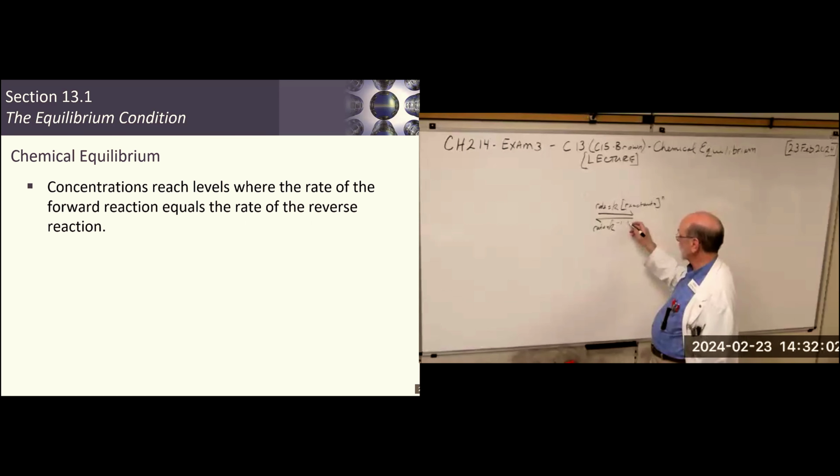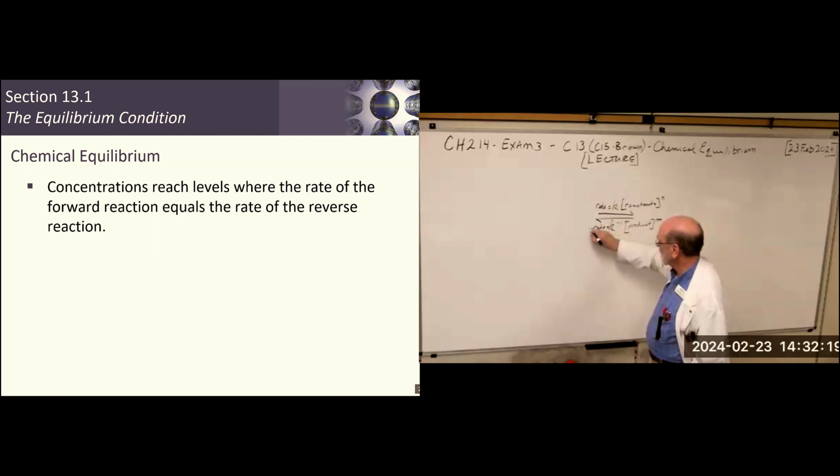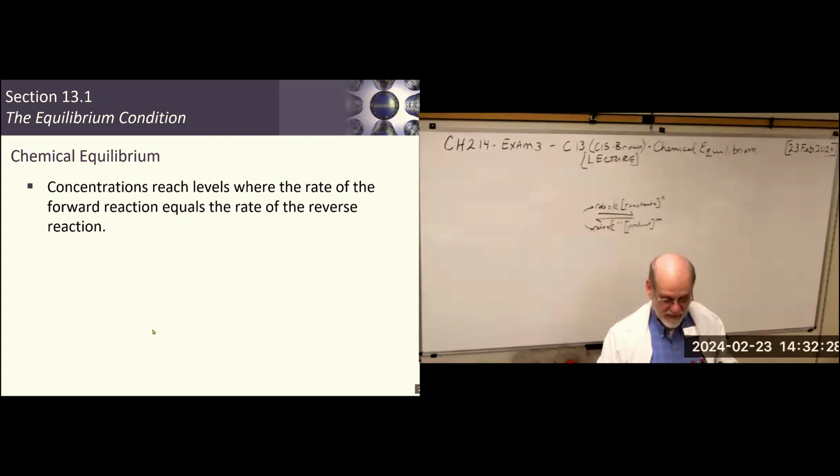And then for the reverse reaction, we could say the rate of that reaction is product to some value. And regardless of what these values are, these two values right here are equal. The forward rate and the reverse rate are equal. That's when you're in a state of equilibrium.